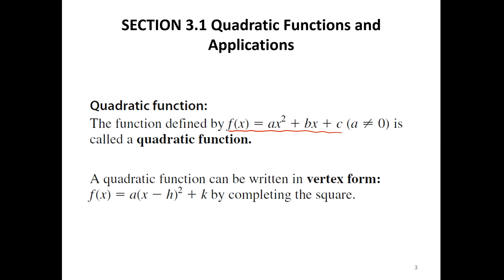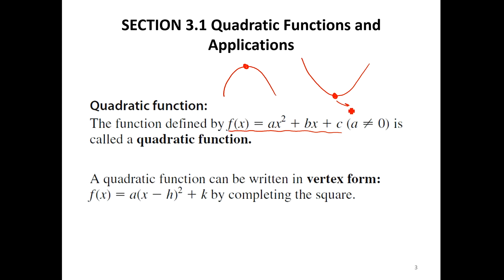Quadratic function, this is the parabola. When we graph the quadratic function, we have it like this or like this, okay? So we have two cases, and this is the vertex. If the parabola is concave up, we have a minimum vertex, okay?